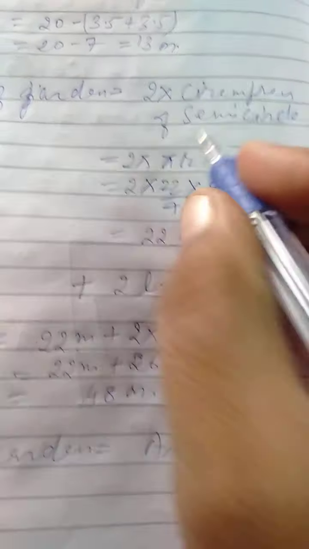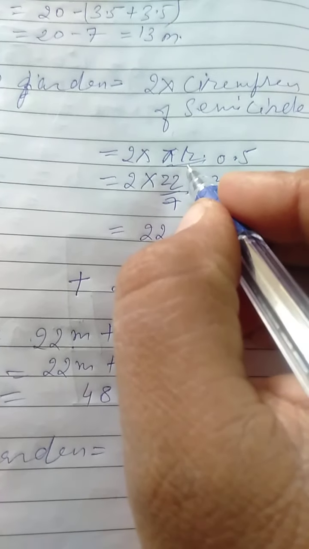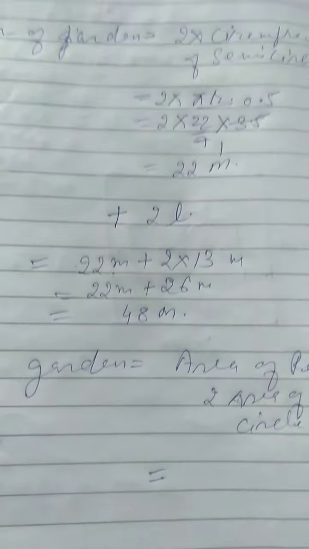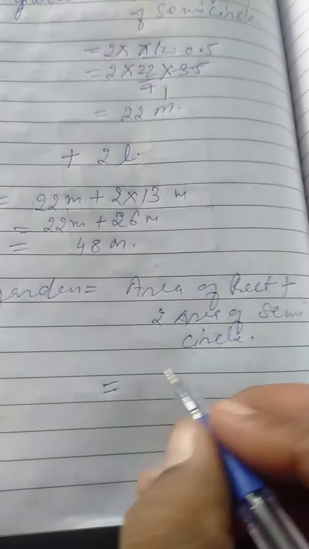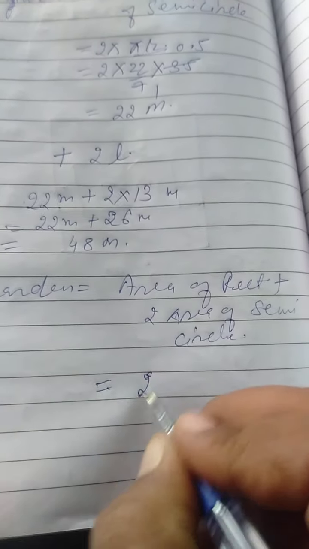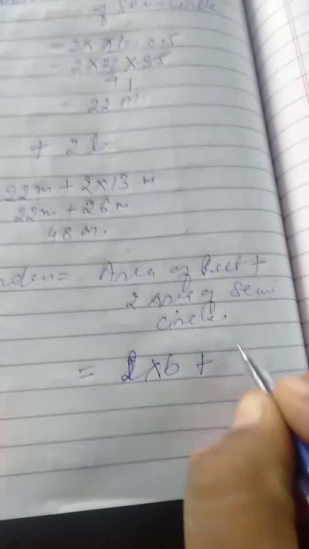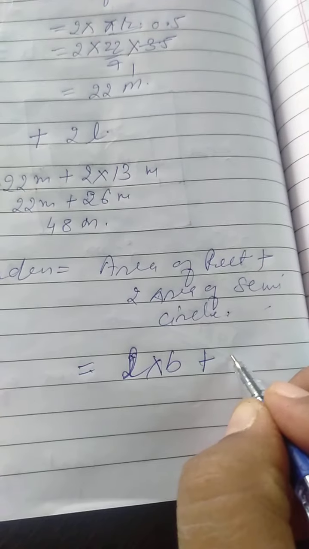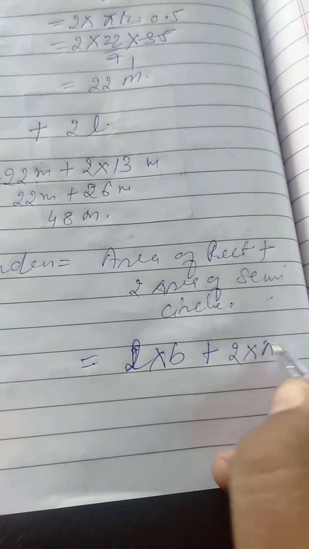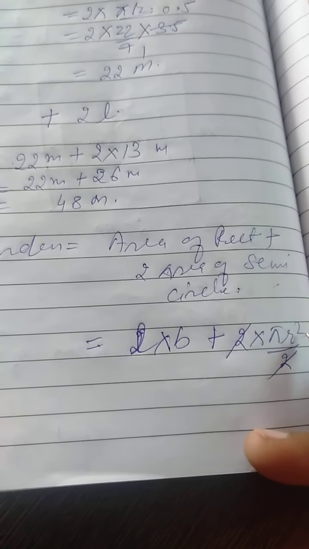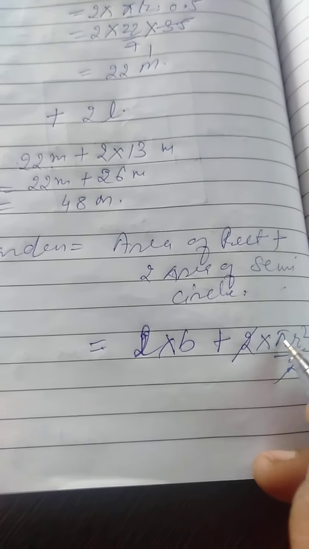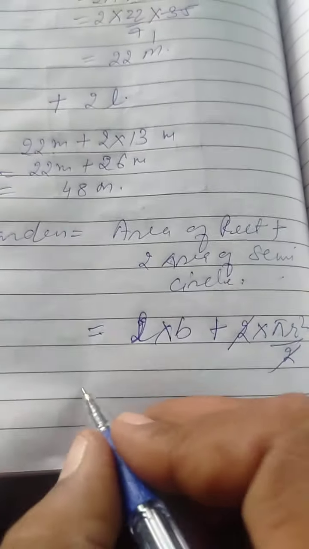This is 2 times the semicircle, this is okay, this is pi r, okay, it's right. Now come to the area of the semicircle. The area of the rectangle is length multiplied by breadth, and the area of the semicircle you can find as 2 times pi r square by 2. Cut this 2 by 2 because the area of the circle is pi r square and the area of a semicircle is pi r square by 2. So you can cut here.